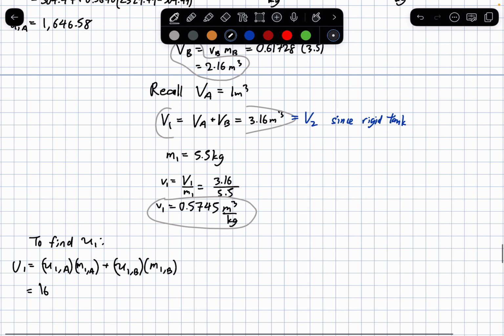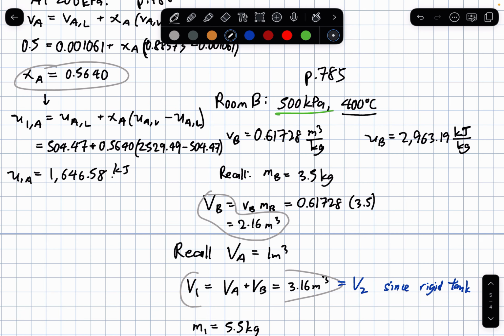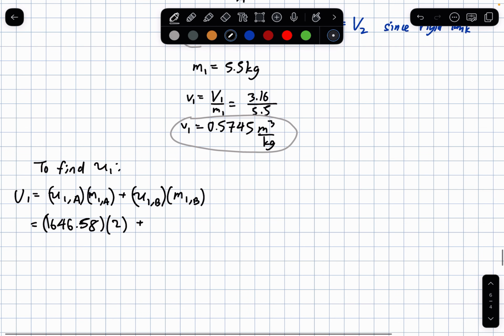U sub 1A is 1646.58 times 2 kilograms. Don't forget the unit, kilojoule per kilogram. So the unit you'll end up with is just kilojoule.